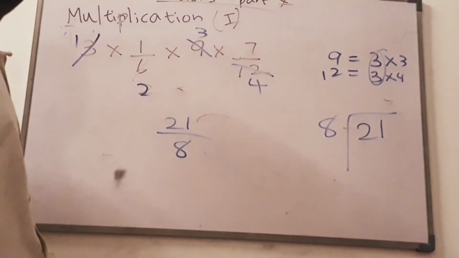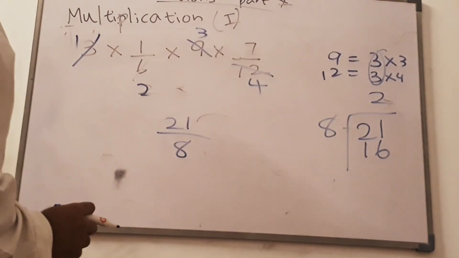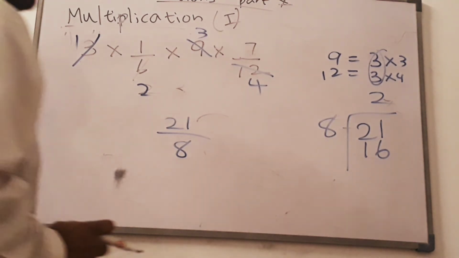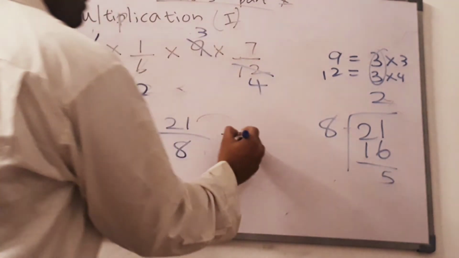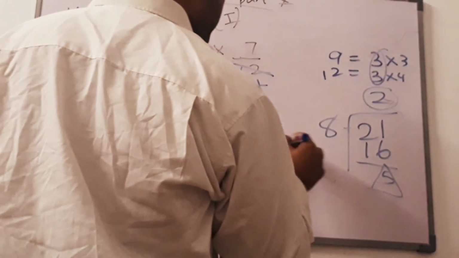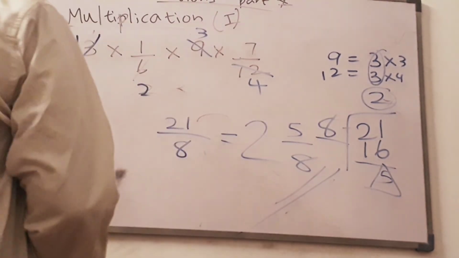How many 8s are there in 21? 8 times 3 means 24. 24 is greater than 21, so it should be only 2. 16 is the greatest multiple of 8 less than 21. 21 minus 16 is 5. So here the answer is 2 as the whole number, 5 is the numerator, 8 is the denominator. This is the final answer.